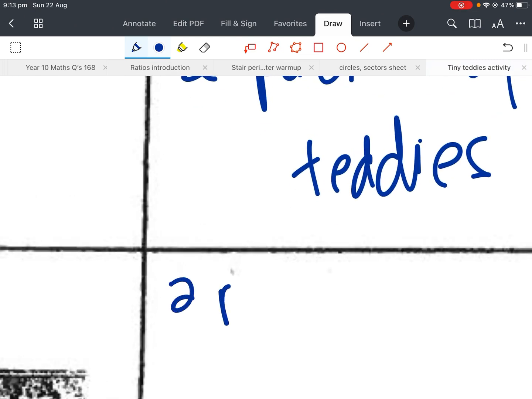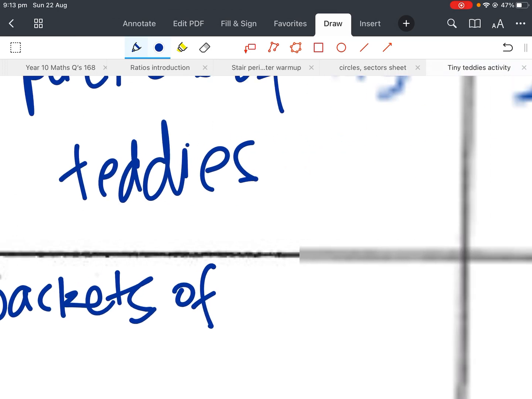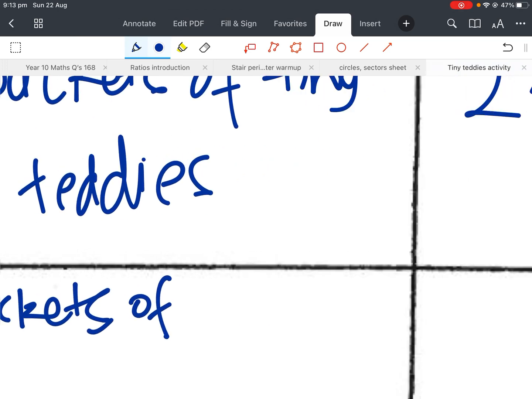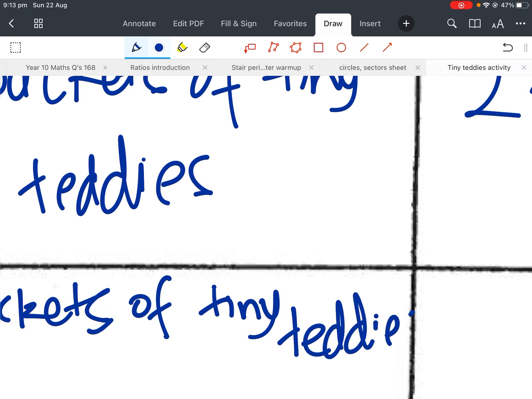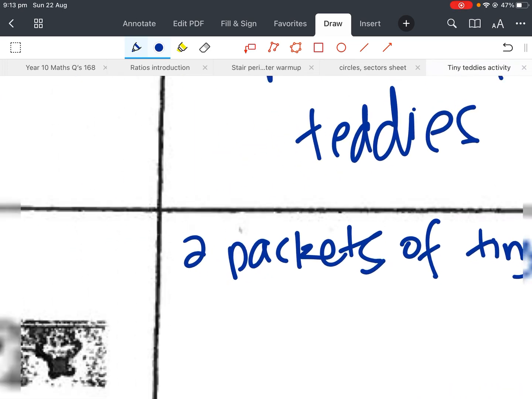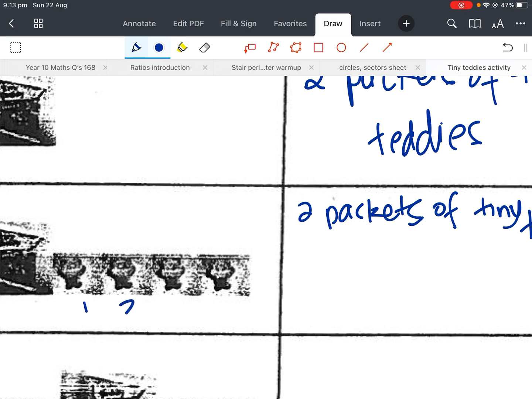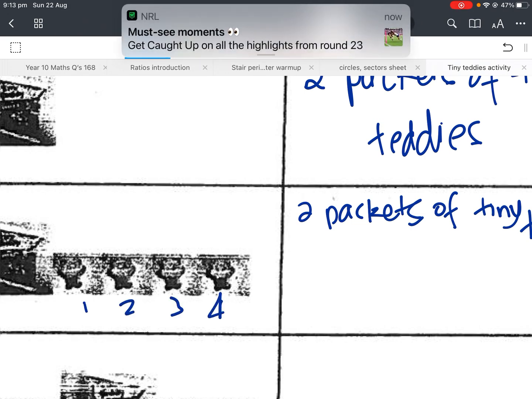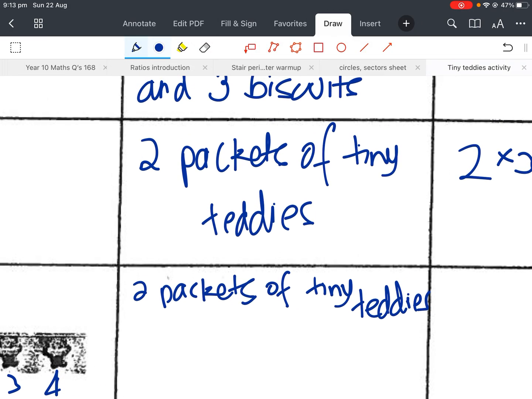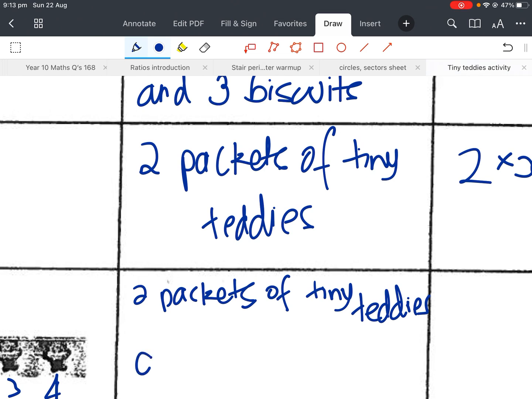So I have 2 packets of tiny teddies. So I'm writing 2 packets of tiny teddies. And now I have 1, 2, 3, 4 biscuits. So now I'm writing and 4 biscuits.